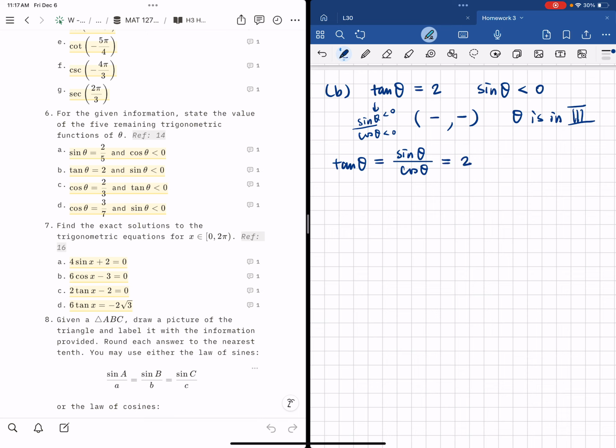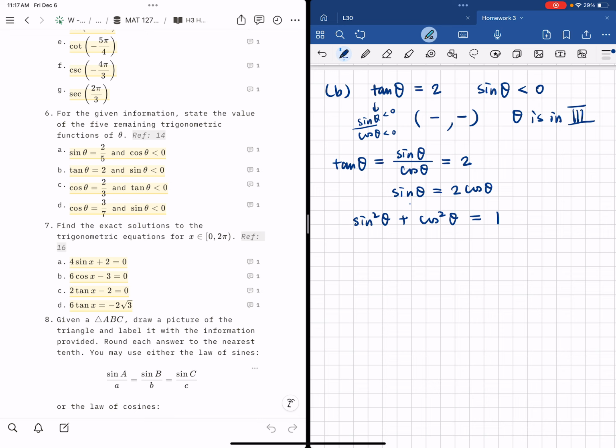From this relationship, we can note that sine of theta is 2 times cosine of theta. Then I'm going to apply the Pythagorean identity: sine squared plus cosine squared equals 1.